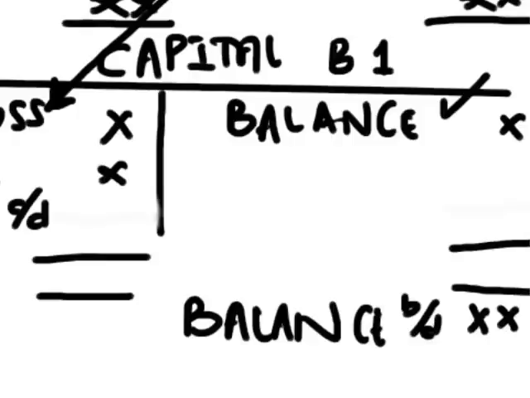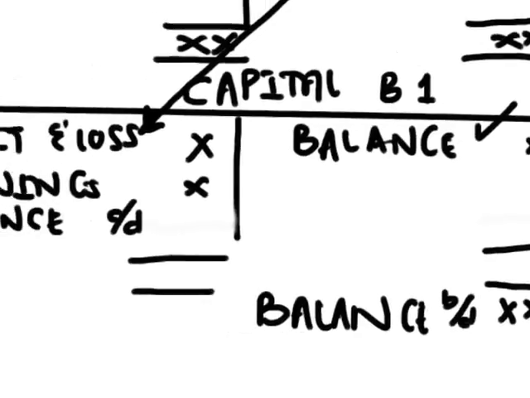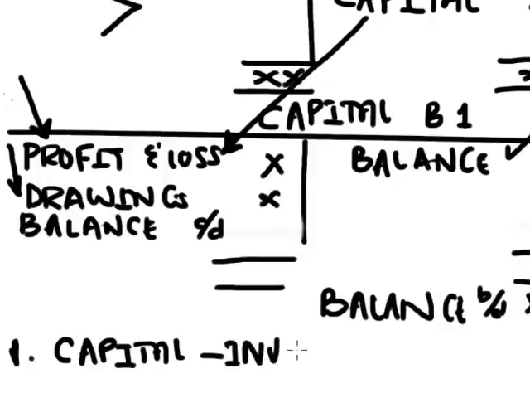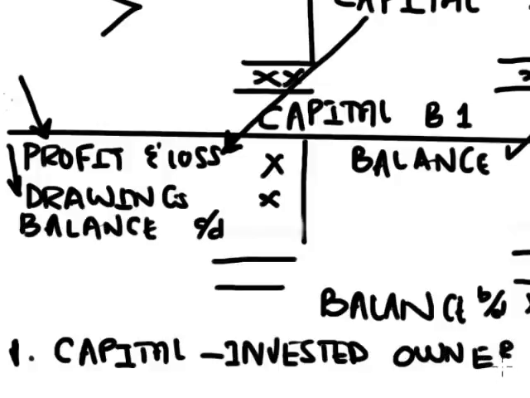Right, so now if we have to summarize what we have said about the final accounts, let us first make a few points. Point number 1. Capital is the amount that has been invested by the owner. And we all know that this is the amount that the business owes the owner.